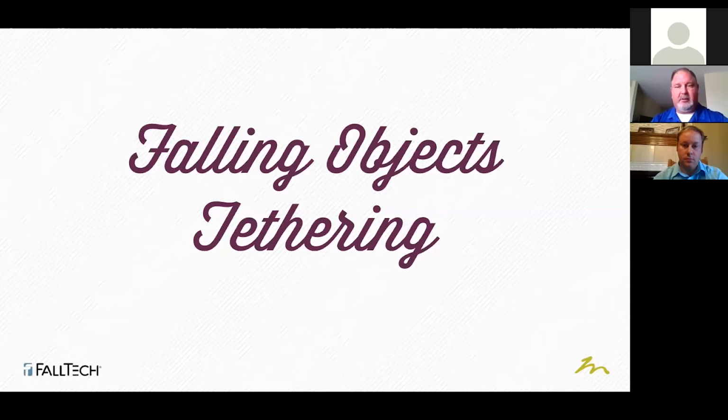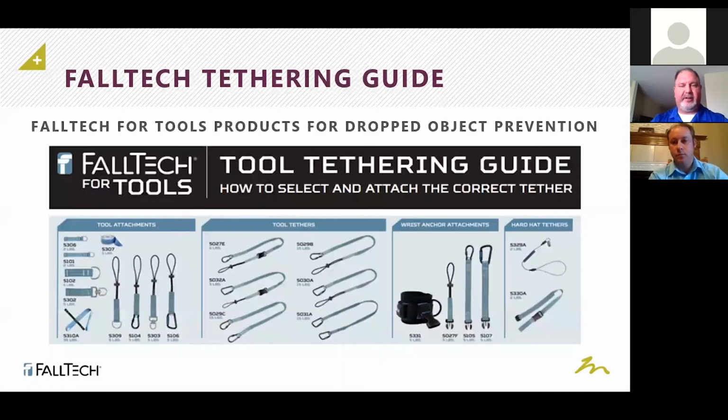But Josh was talking about fallen objects, and that's one of the areas that we want to kind of start with. In the industry for many, many years, tool tethering is just now starting to come into play in the last couple of years. There's lots of manufacturers out there that make tool tethers, but a lot of people don't think about what it does, or the falling objects.